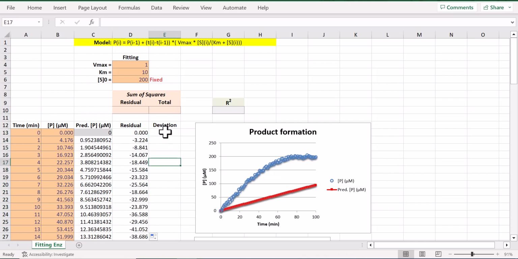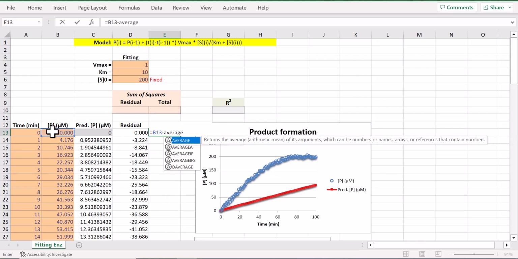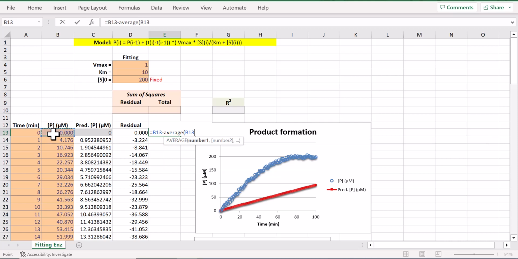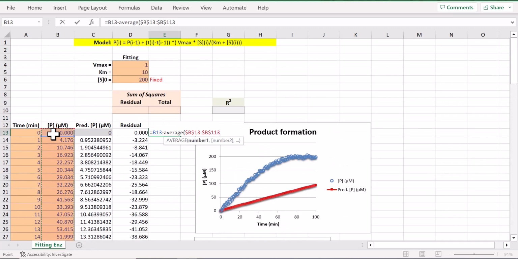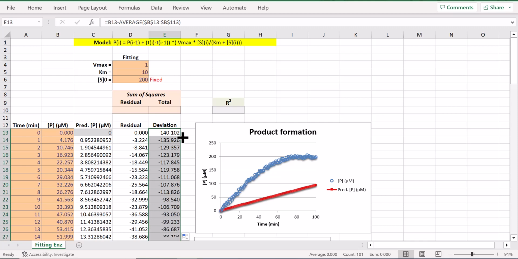So the deviation of a data point is defined as its distance from the average value for the data set. So this would be B13 minus the average of B13 down to B113. And let's make that an absolute array. And now copy down.